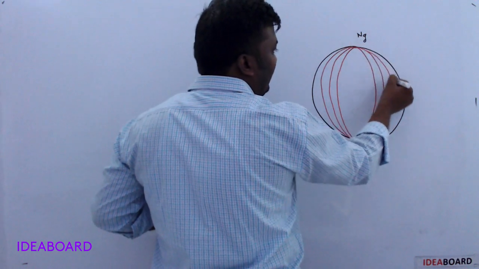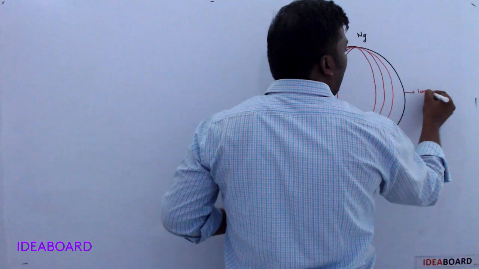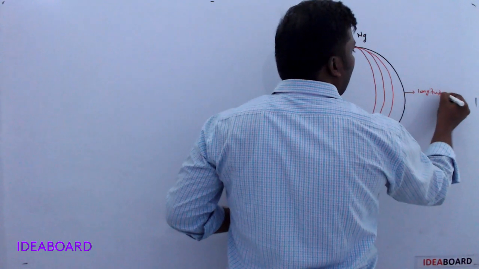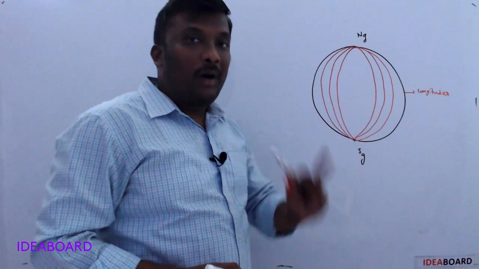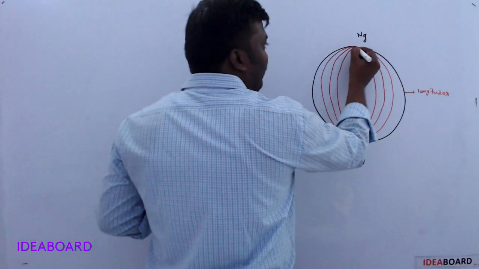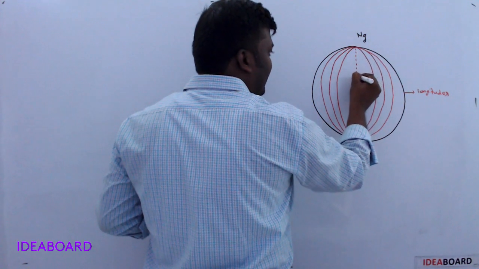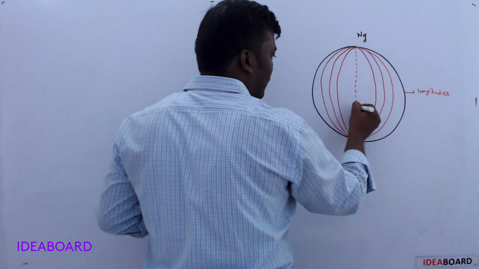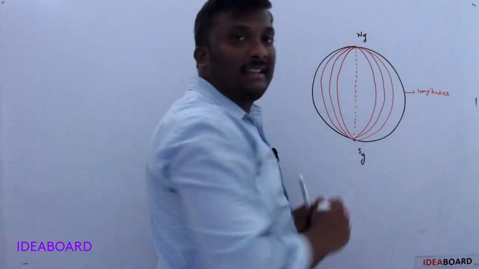These imaginary circles are called longitudes. All these circles have one common diameter which is passing through the NG and SG. This is the common diameter for all the imaginary circles.